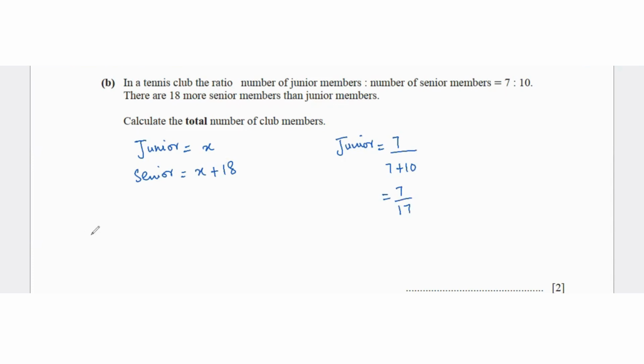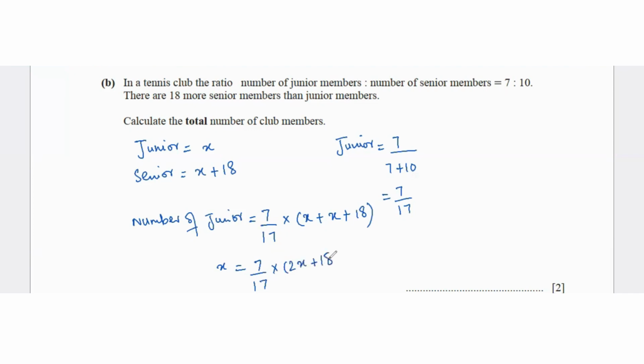Now to find the number of junior members, what we will do is 7/17 times x plus x plus 18, and this will equal x because x is the number of juniors that we're assuming. 7/17 times 2x plus 18, cross multiply.